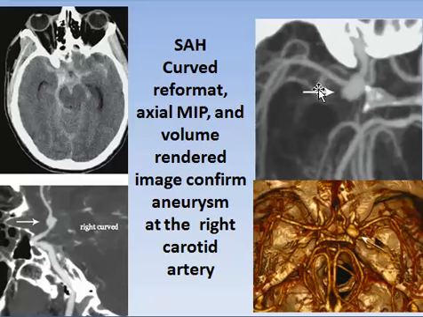This is the axial MIP. You can see clearly the aneurysm, and here is the volume rendering image showing the aneurysm.